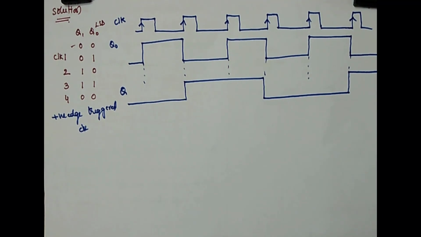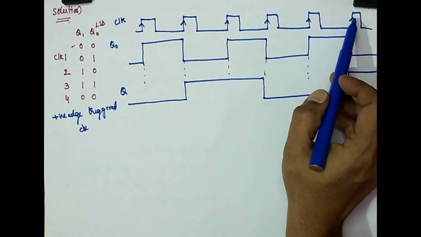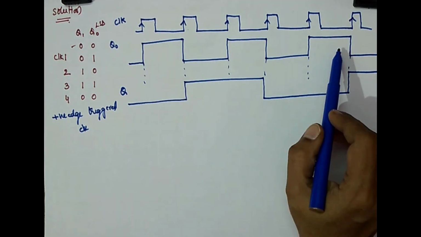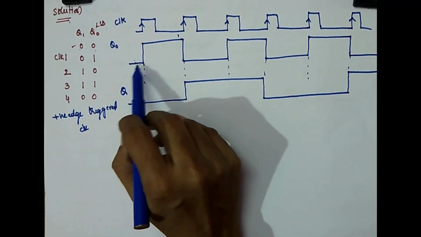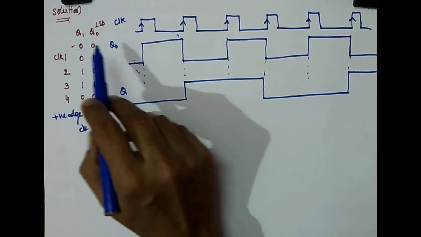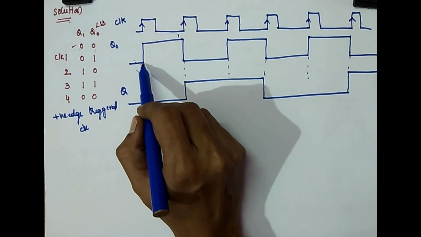Let me explain the waveforms. This is the clock, a positive edge triggered clock, and this is the waveform for Q0. When there is no clock, Q0 is 0, and whenever clock 1 is applied, Q0 becomes 1, and that transition happens at the positive edge.